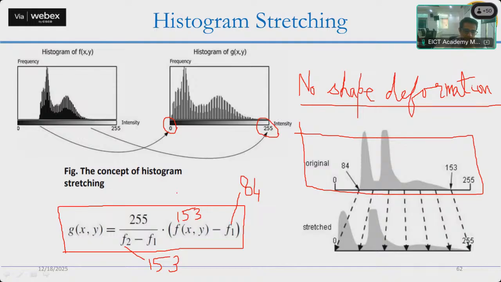In our case, the minimum value was 84. As you can see here, it starts at 84, and this value is 153.